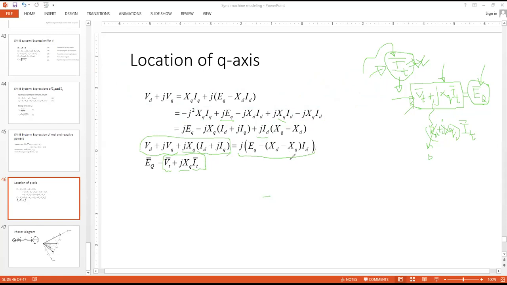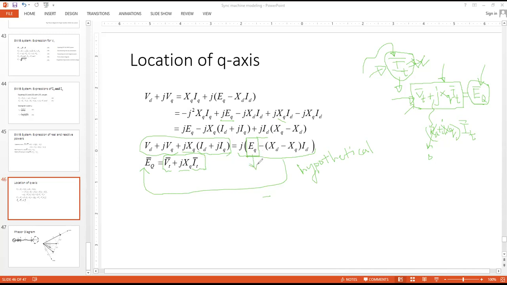Now we define the whole thing by this EQ. So this is some hypothetical EMF. You can call it some hypothetical EMF, phasor EQ, E capital Q, or imaginary EMF. Now, why are we calling it E along some Q axis? Because of the components that we have internal to this expression. The first component, along which axis should it lie?